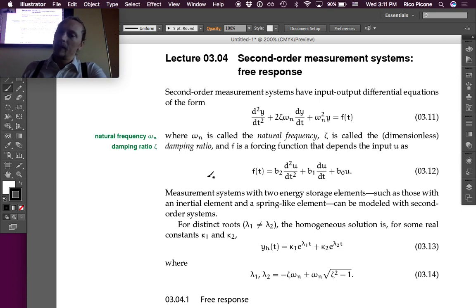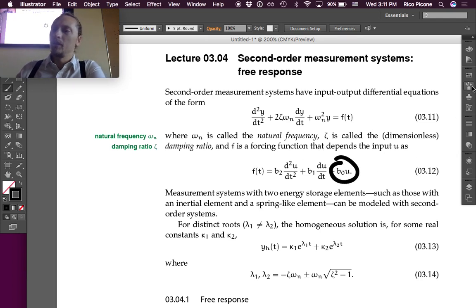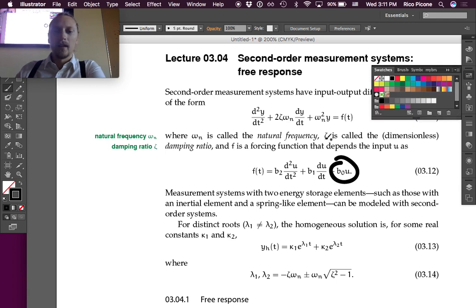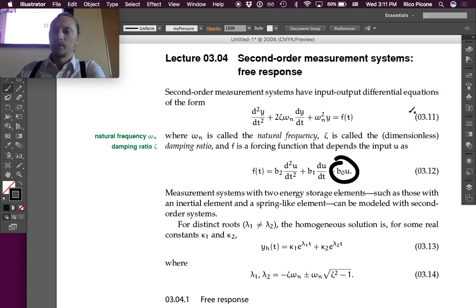And f is a forcing function that depends on the input u, as shown in equation 312. So you can have up to second derivatives of the input, although we often will just have this last term with the u, and we don't have any derivative terms of the input. It just depends, but that is more common.